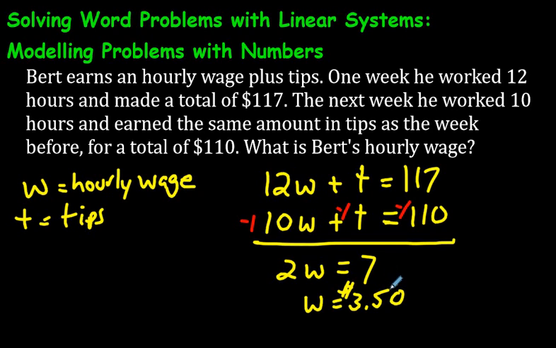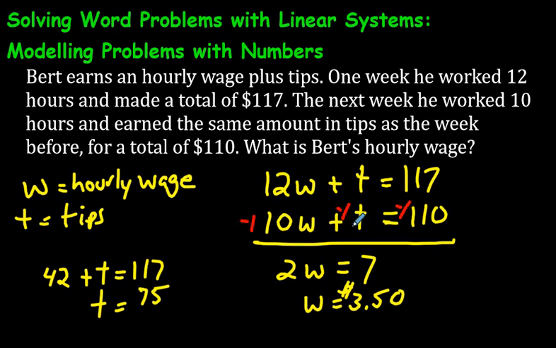And if we were to check this answer out, we could solve for the tips. We could say 12 times 3.50. Well, I'm going to multiply that on my calculator. I get 42. So 42 plus tips is equal to $117. So what that means, if you subtract 42 from both sides, that means he got $75 in tips each time.